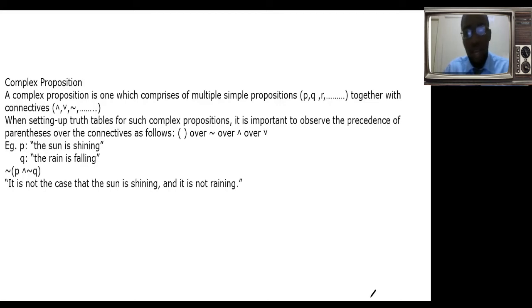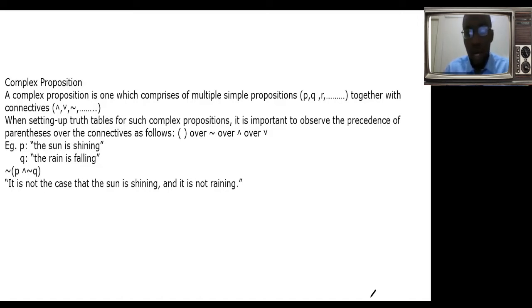But then we need the negation of that entire statement. And so it is really reading, it is not the case that the sun is shining and it is not raining. Inside the bracket represents the sun is shining and it is not raining. And so it is not the case that the sun is shining and it is not raining. That's how you would read that complex proposition.